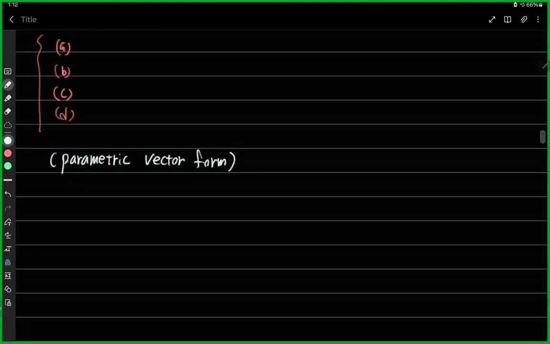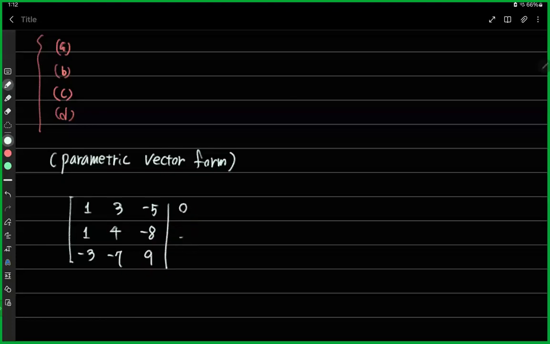So sometimes we need to express the matrix system having a free variable in vector form, and figure out what that solution consists of, which means, yeah, I'll show you. Think about this augmented matrix. Okay, 1, 1, -3, 3, 4, -7, -5, -8, 9, 0, 0, 0.